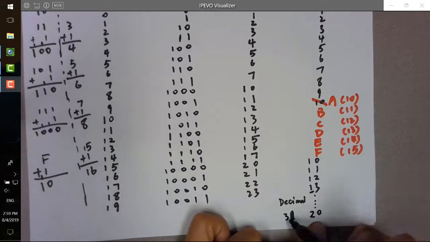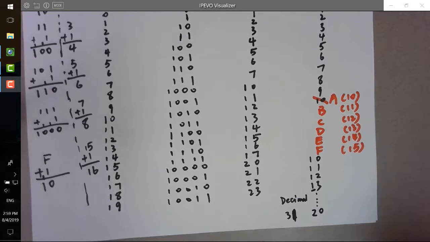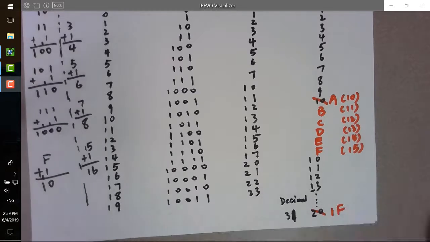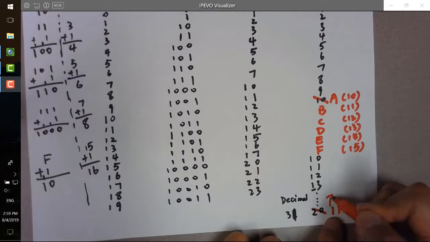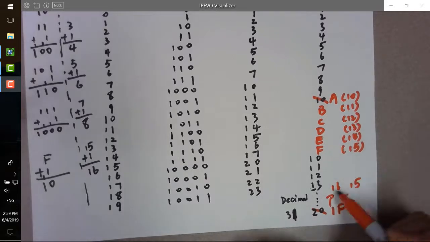However, we're asking for 31. So what you need is to subtract 1 from this one. So you are getting 1F. 1F, because 1 represents 16, F represents 15. So 16 plus 15 will be finally 31.